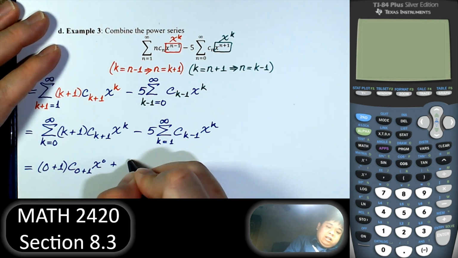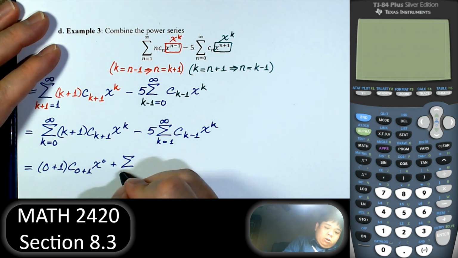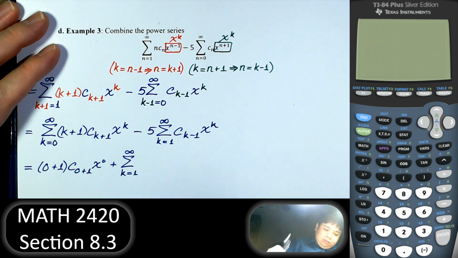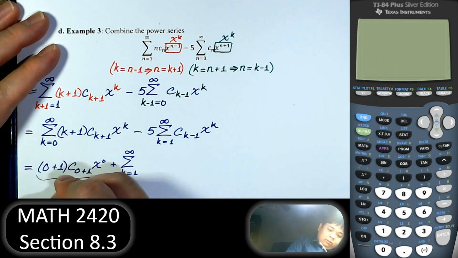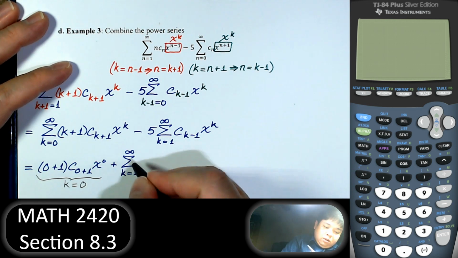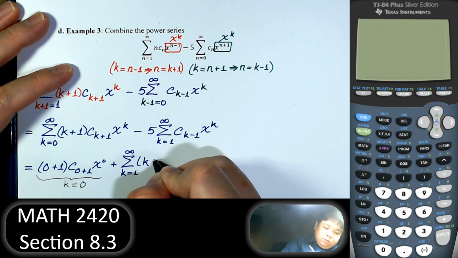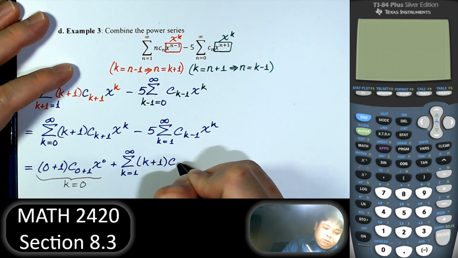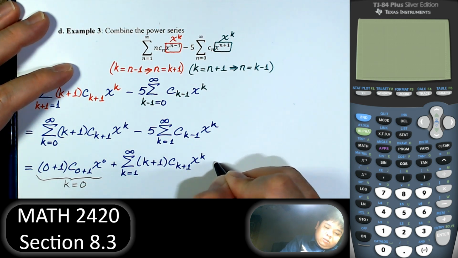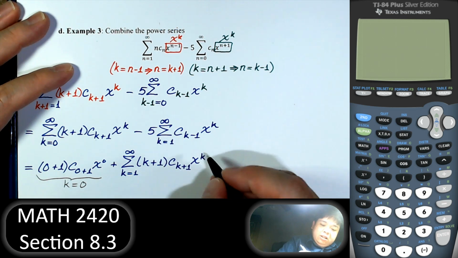And when we do that, the series now can start from 1. I will multiply the 5 inside.